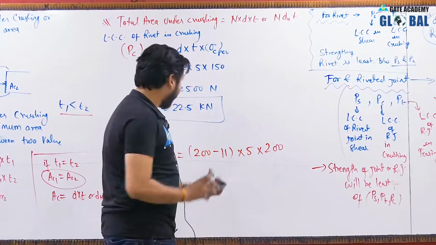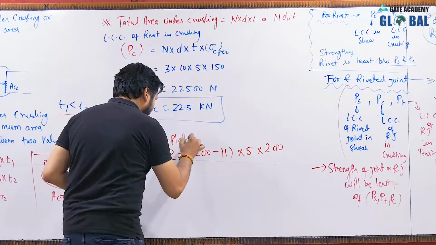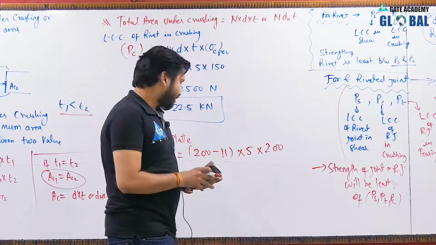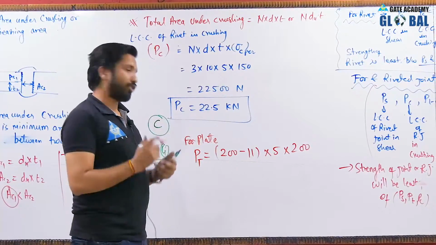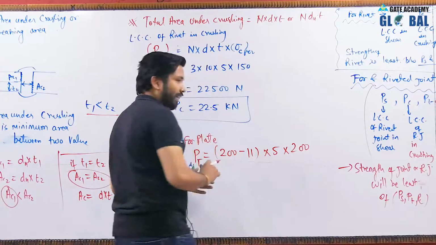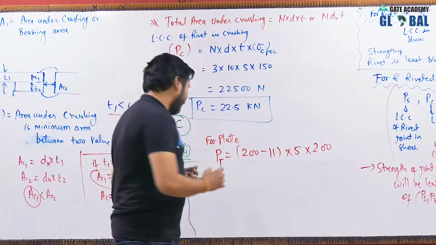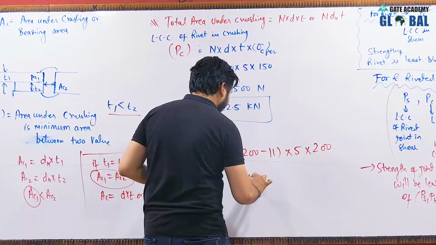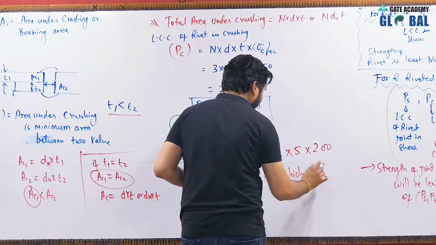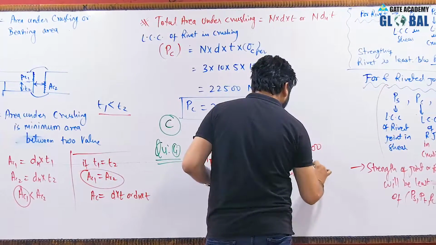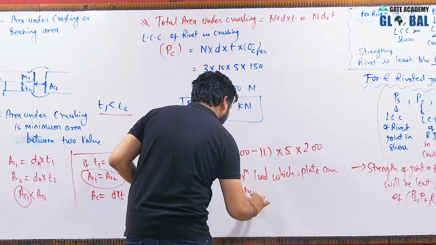So now on solving we will be getting the permissible tensile load for plate, and this should be there to avoid the tearing failure of the plate. This is the maximum load which the plate can carry without tearing.